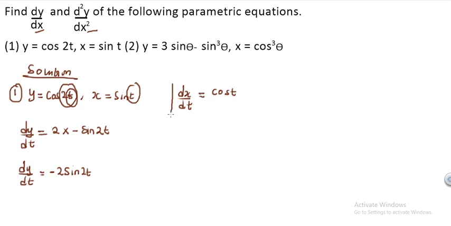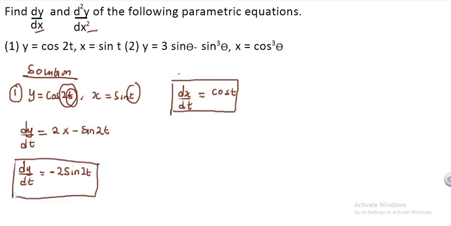Now, since we've gotten dx/dt and dy/dt, the next thing we want to do is find dy/dx, because that's what we're looking for as our derivative. So dy/dx is equal to dy/dt times dt/dx. We arrange it like this because dt can cancel out dt, so that you get back dy/dx from the original form.